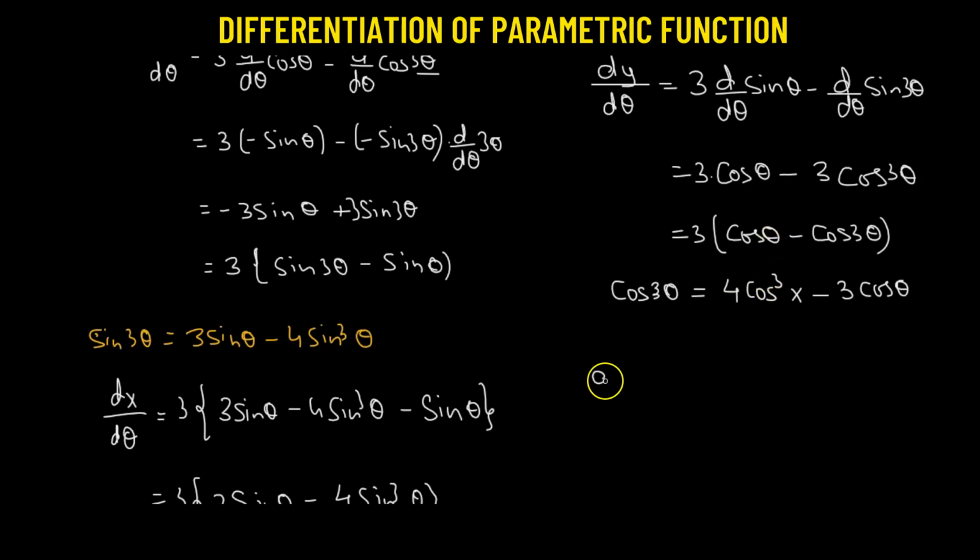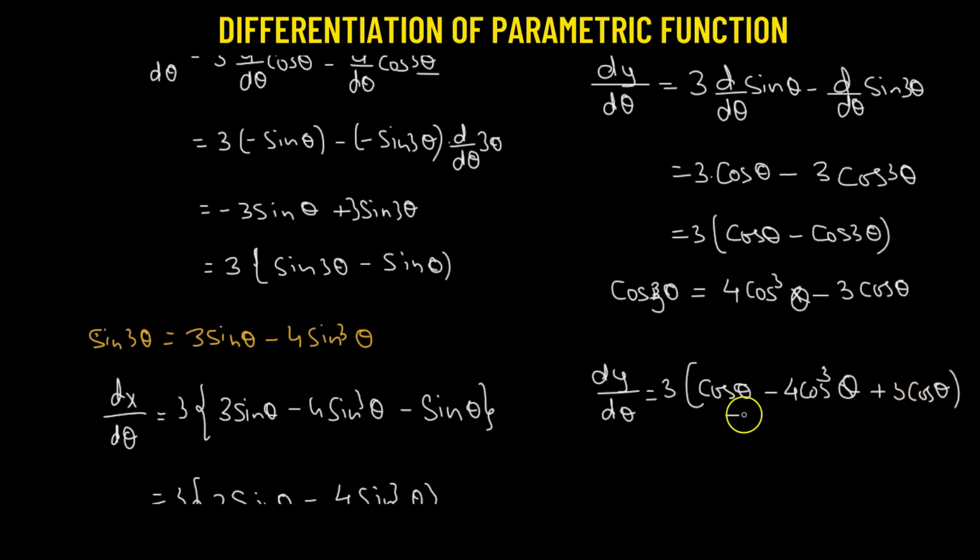This will give us the derivative of y with respect to theta, which will be equal to 3 multiplied by cosine theta minus, here we have to take the minus of cosine of 3 theta, which will be simply equal to 4 times cosine cubed theta, this is theta, not x, plus 3 times cosine of theta. Right. So we can add 3 times cosine of theta to cosine theta to get 4 times cosine of theta minus 4 cosine cubed theta.